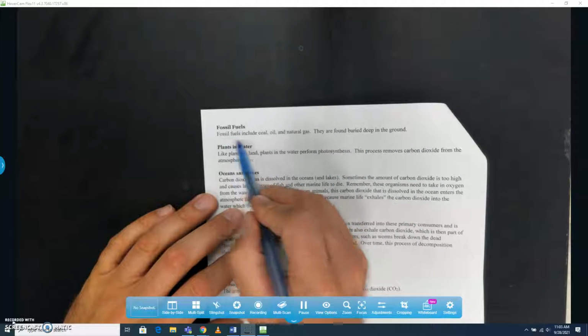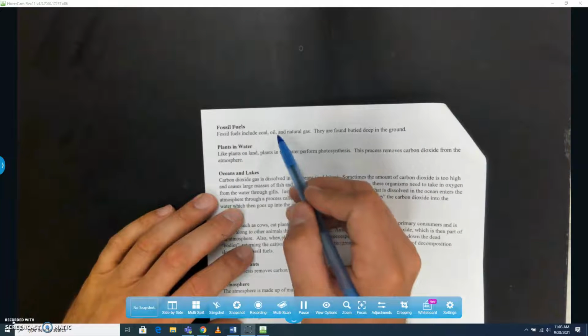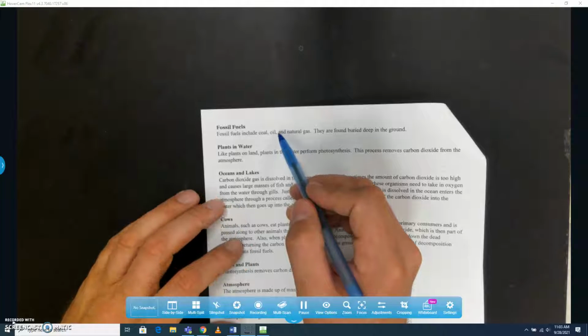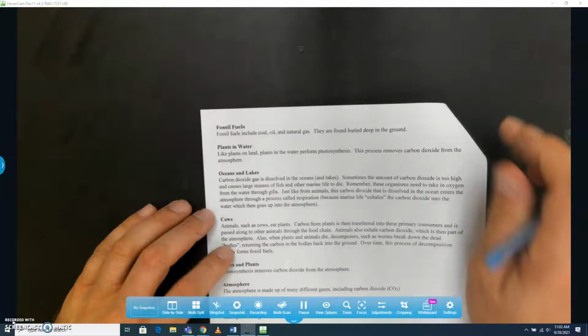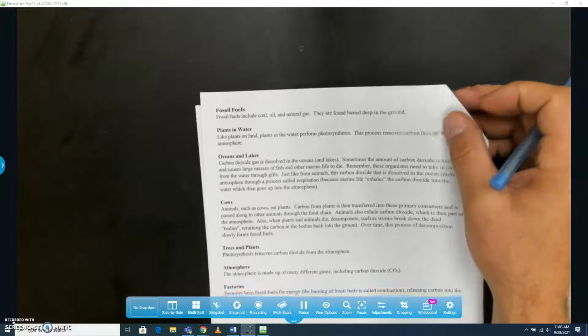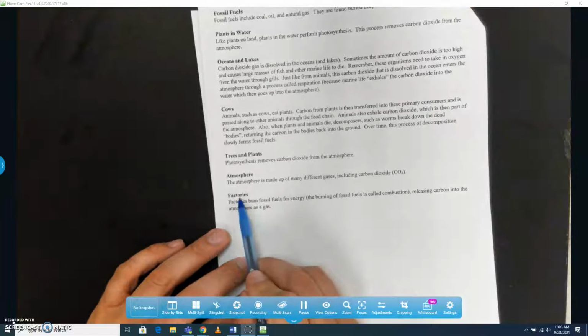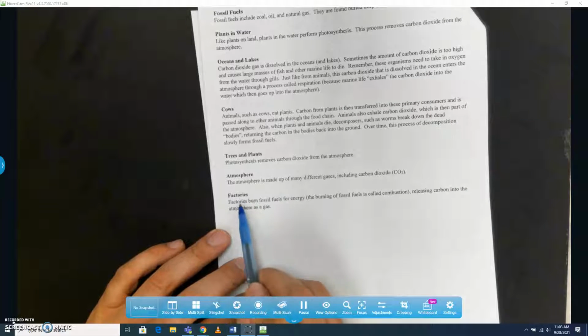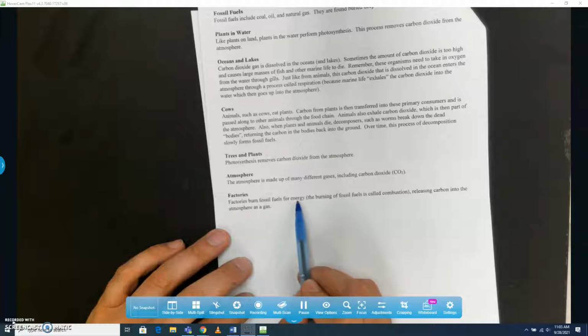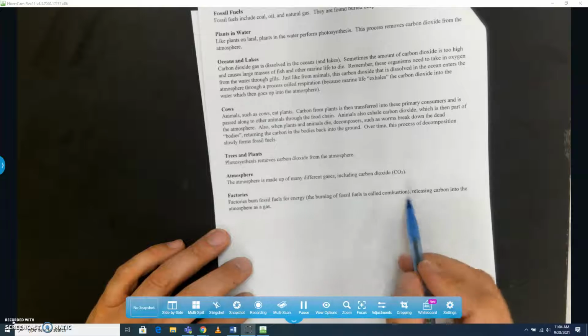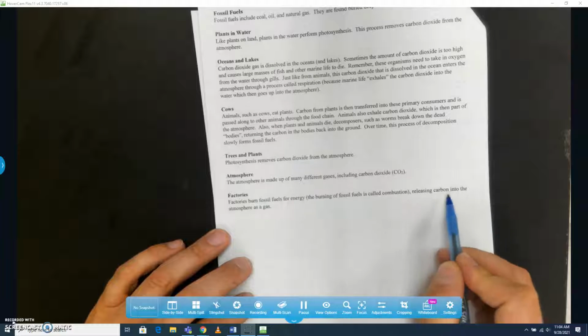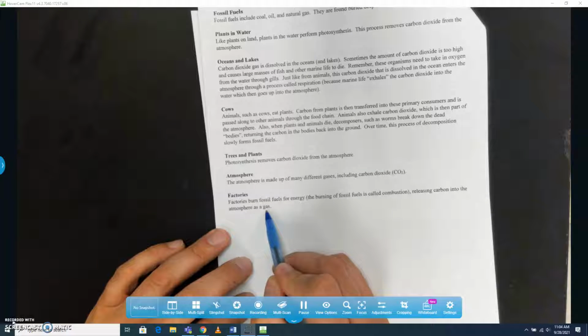That tells us some information about fossil fuels, but it doesn't give us any help in terms of where they go. But if we look at some of these other ones, like factories, we can see that factories burn fossil fuels for energy. The burning of fossil fuels is called combustion, and that releases carbon into the atmosphere as gas.